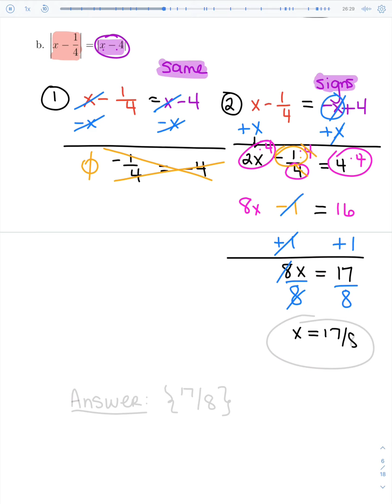And that is a reduced fraction. We do not want to convert that into a mixed number. So we are done. So technically we did solve 2 equations, but we only got one answer because our other equation fizzled out and kind of blew up in our faces. So we got 17/8 as our one and only answer.